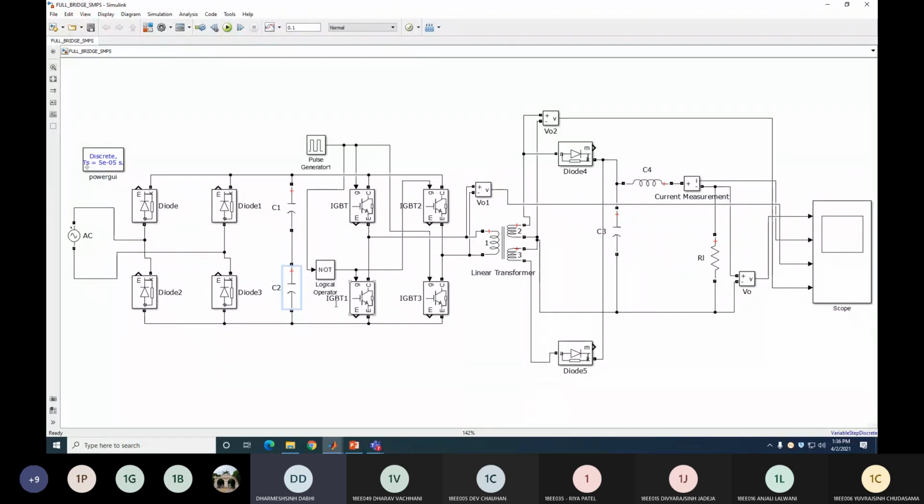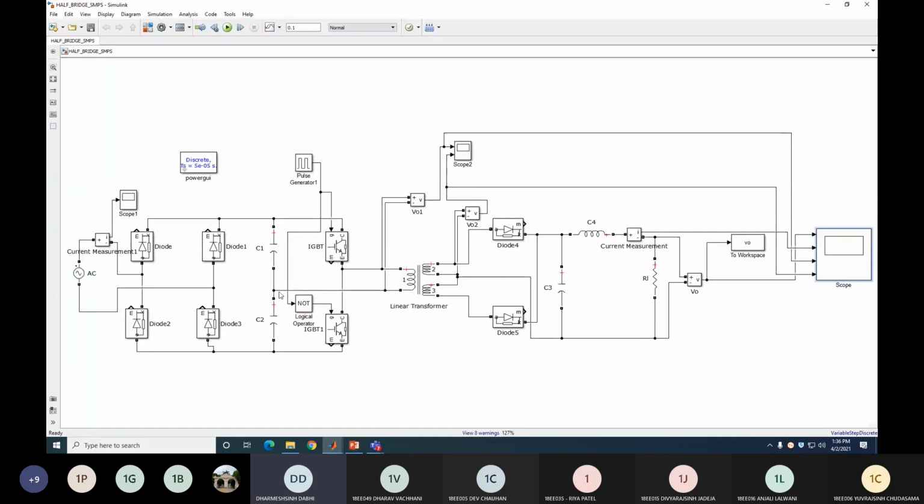So here you can see that there is no center tapping provided at this branch of C1 and C2, whereas in the case of the half-bridge SMPS, the center tapping is provided to supply the primary of the transformer. But here there is no center tapping.